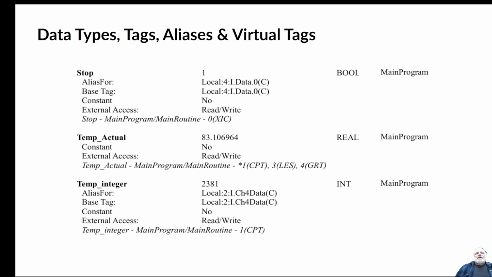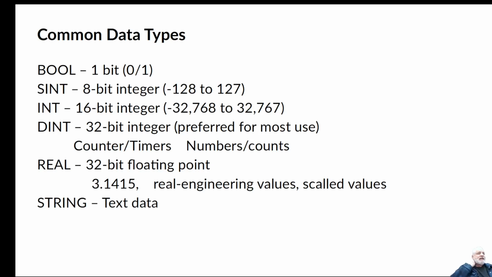All right, so now let's look at the data types and tags for the Allen-Bradley PLCs. We have about 6 primary data types here. We have the Boolean, which is a single bit, a 1 or a 0. We have a SINT, a short int, which is only 8 bits.